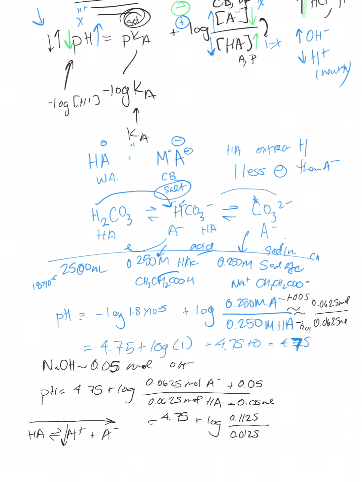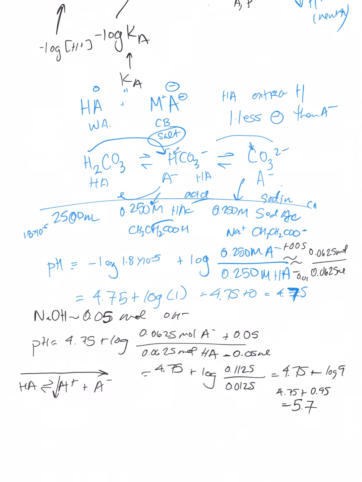Okay, so that gives us plus the log of 9. All right, so log of 9 gives us 4.75 plus 0.95, and that gives us a pH of 5.7. Okay, alrighty, so our new pH is 5.7, all right?